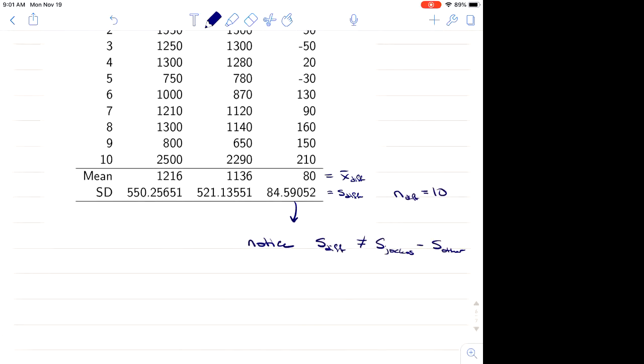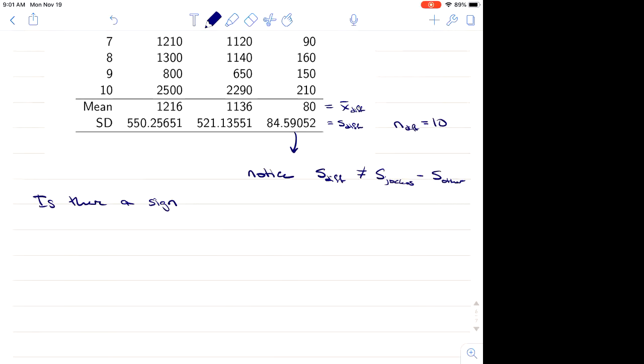We want to know, is there a significant difference in the quotes from the two garages?